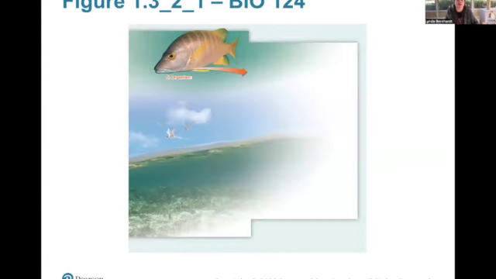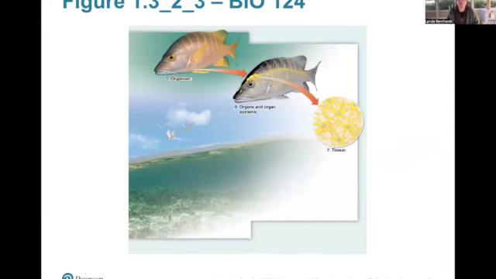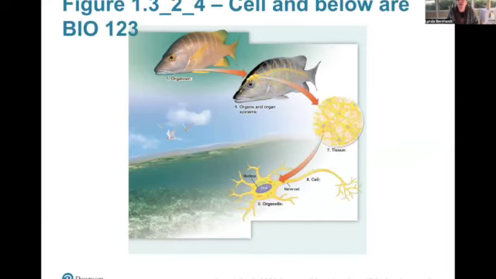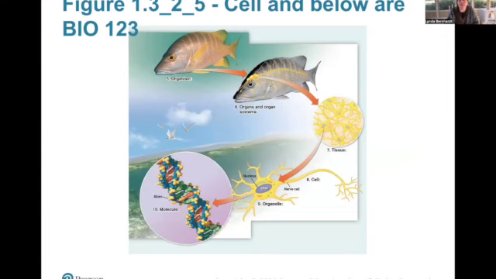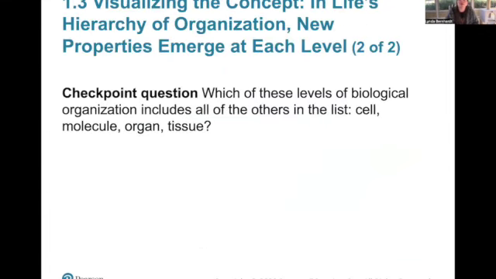So this is just breaking it down for you again and pointing out that the organism is broken down to organ and organ systems, which is then to the tissues, which brings us to our stuff, which is the cell and whatnot. So which of those levels of biological organization include all of the others in the list? Cell, molecule, organ, or tissue.